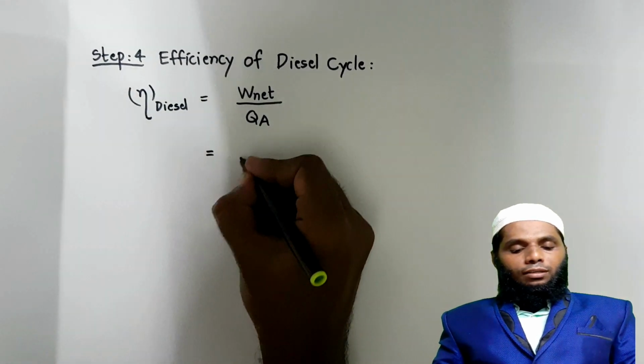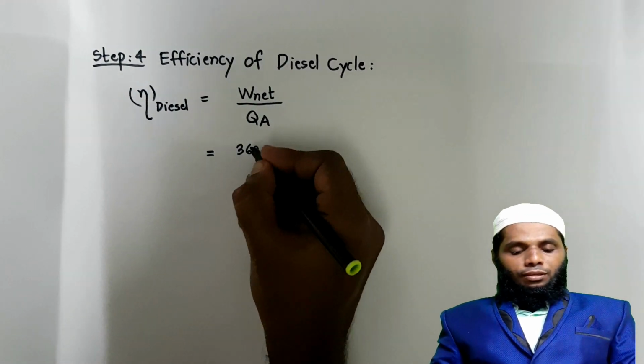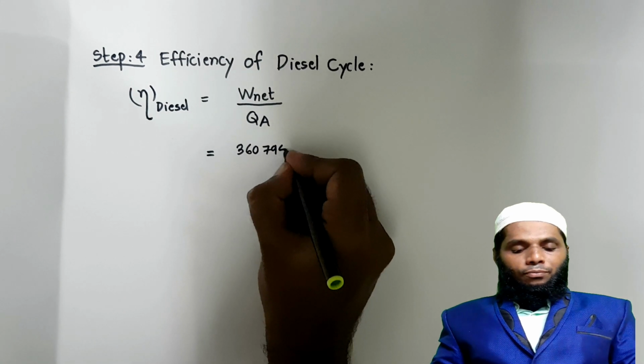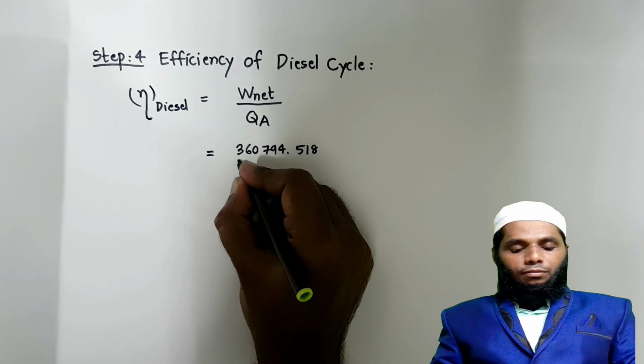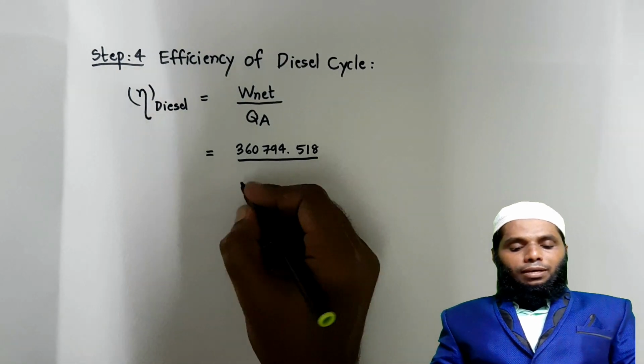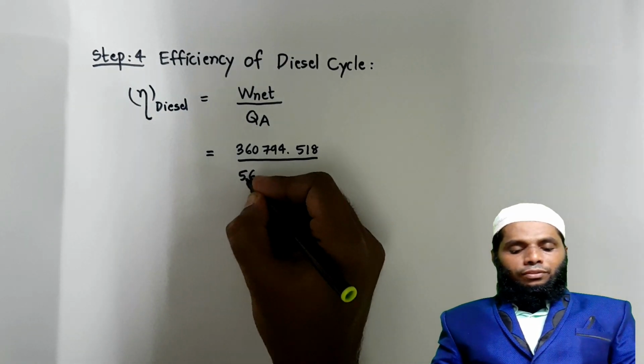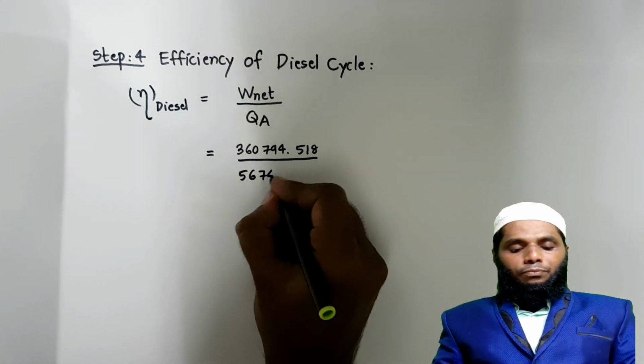So net work done value we have, QA value also we have. So we'll find out efficiency by substituting these values of net work done and QA.